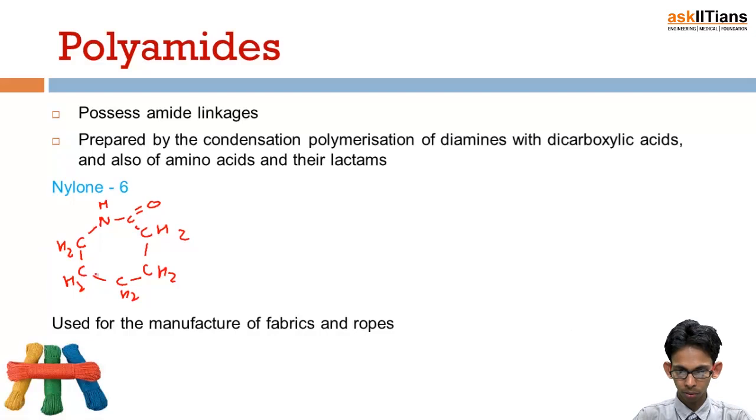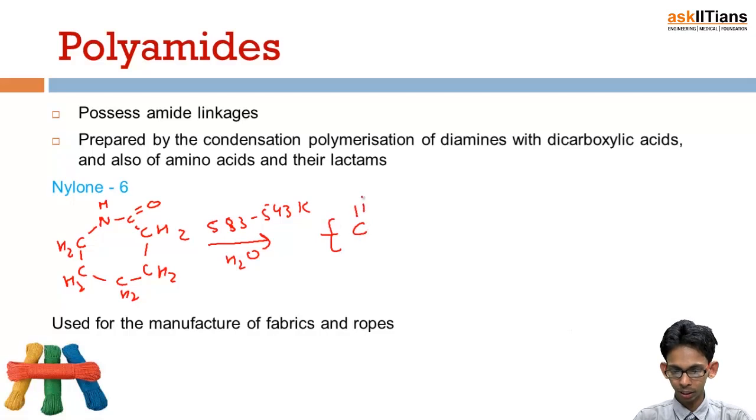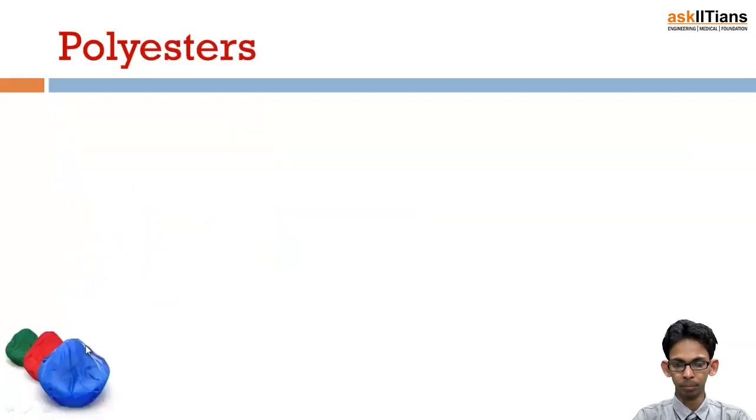So there are a total of 1, 2, 3, 4, 5, 6 carbons. This is known as caprolactam. At 533 to 543 Kelvin with water, it results in formation of a polymer, CO, then (CH2)5 and NH. This is known as nylon 6, which is prepared from caprolactam.